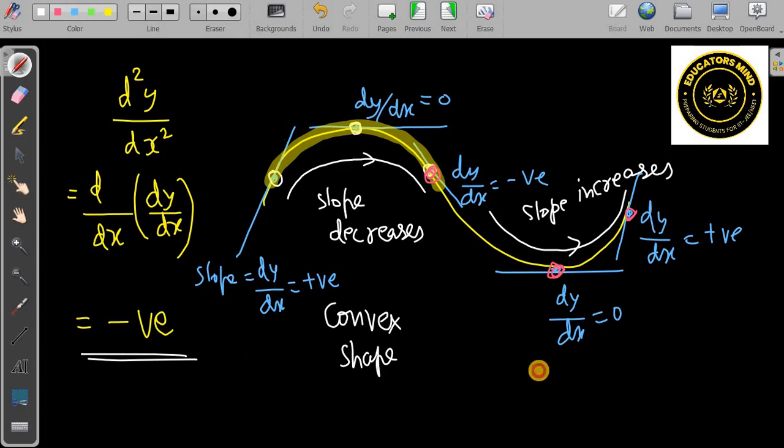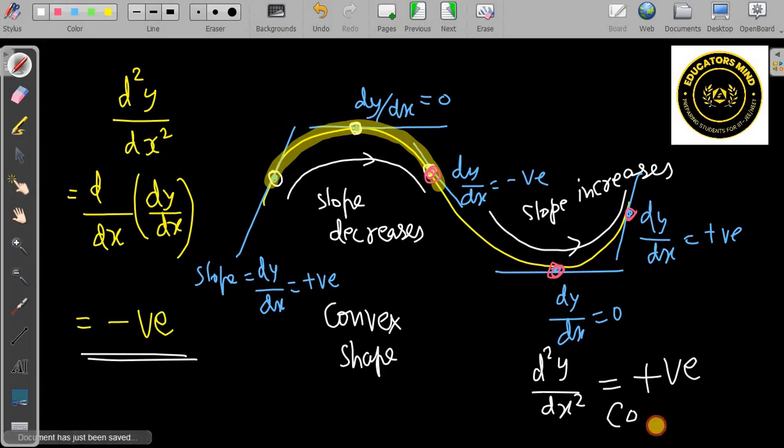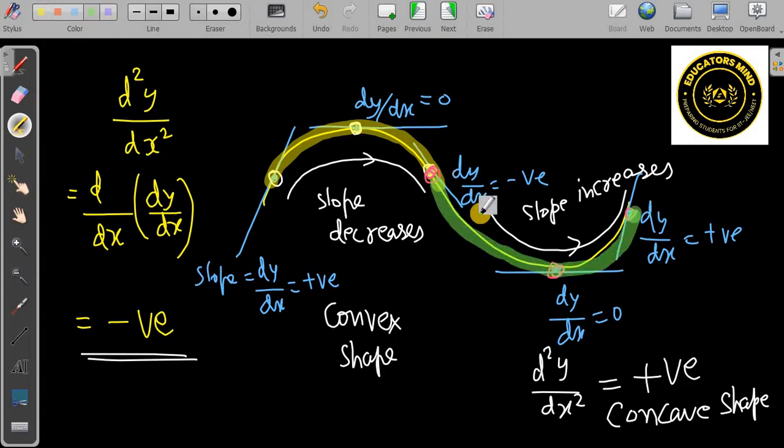So in this case, the double differentiation d square y by dx square is going to be positive, because the slope is increasing, and this shape is called concave shape. So double differentiation is giving us the idea of the shape of the graph, whether it is concave or convex.